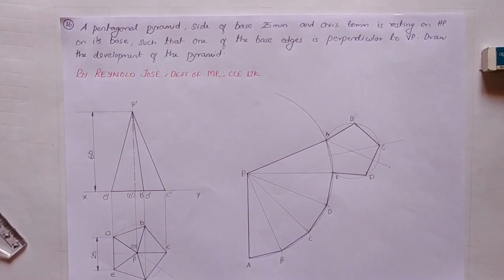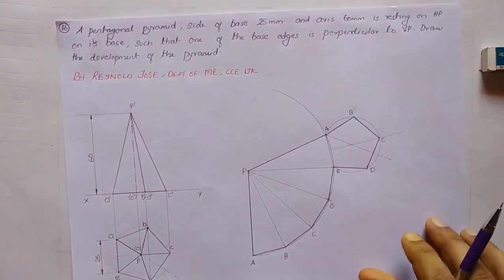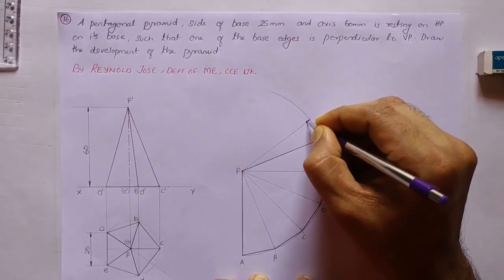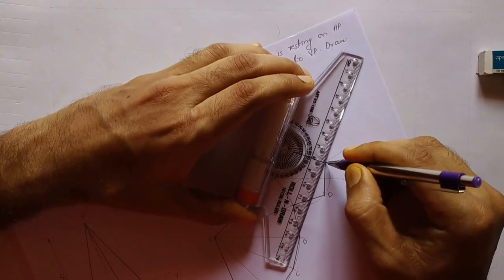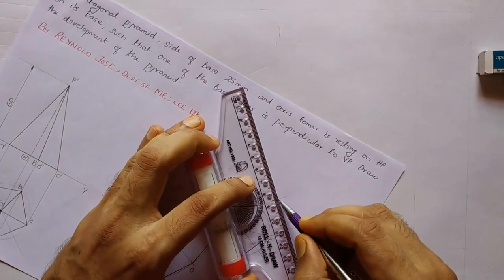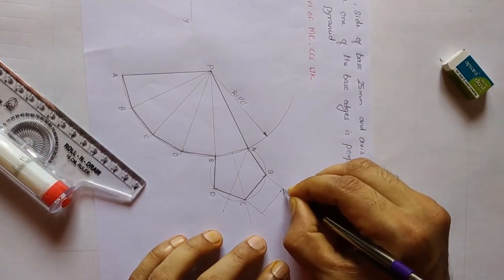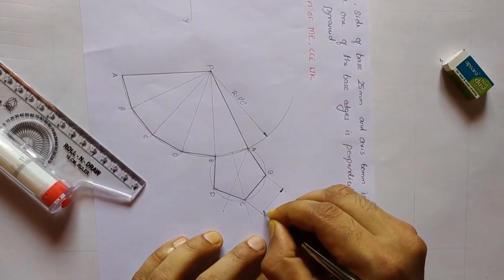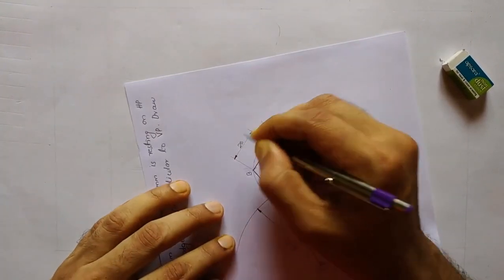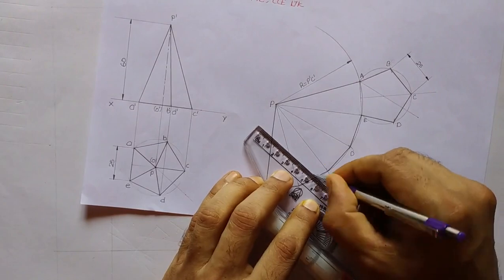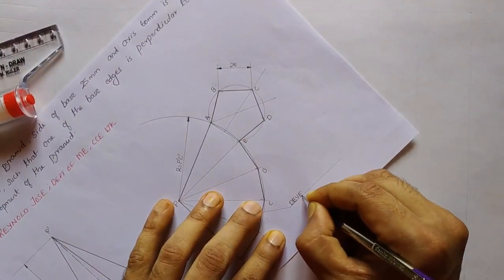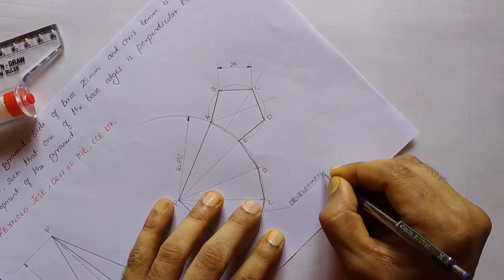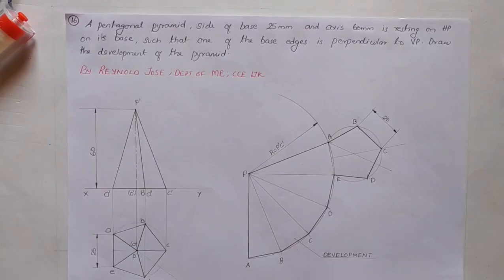Now we shall dimension the diagram. In this problem, we have drawn the full development of this pentagonal pyramid.